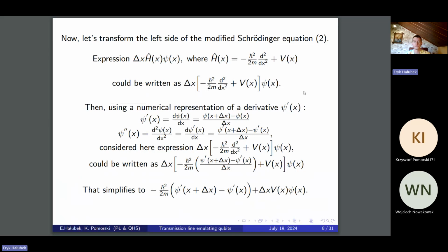Then, using a numerical representation of a derivative, where delta x is a discrete step in space, the smallest step that we could make, we could use such definitions of derivatives to rewrite the second derivative operator as something like that, which could be simplified to the following expression below.